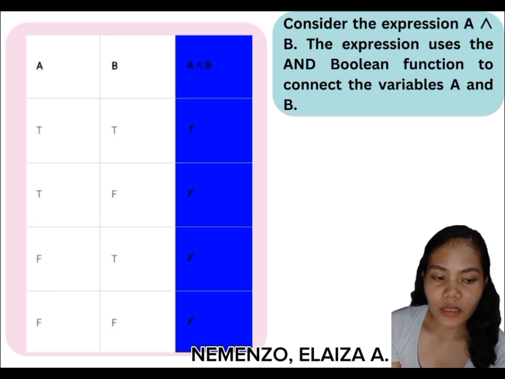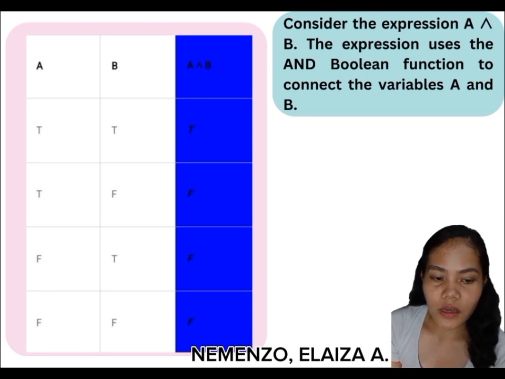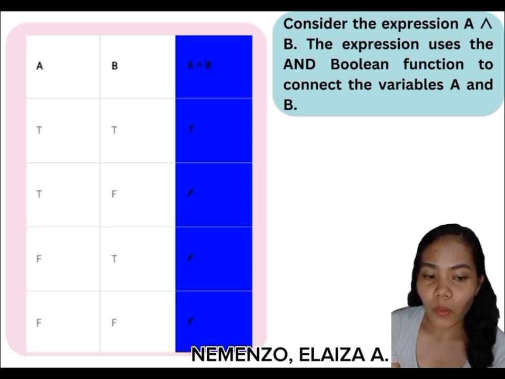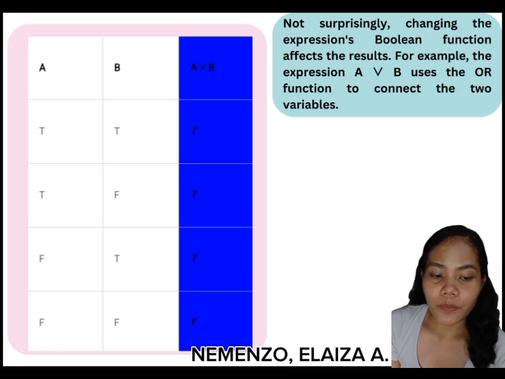In other words, if only one variable is true or neither of them is true, the expression evaluates to false. This is because the expression includes the AND operator, which states that both statements must be true for the expression to evaluate to true.